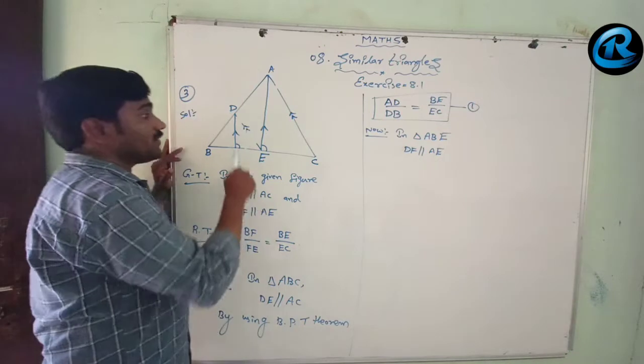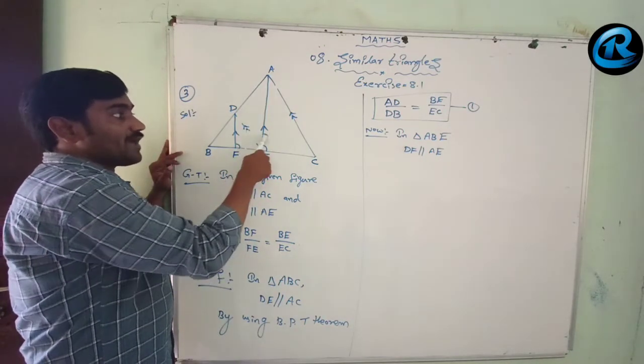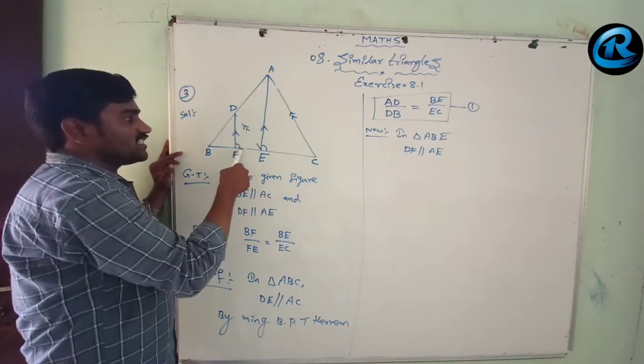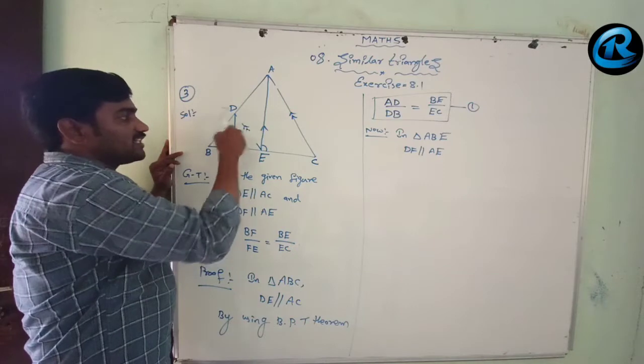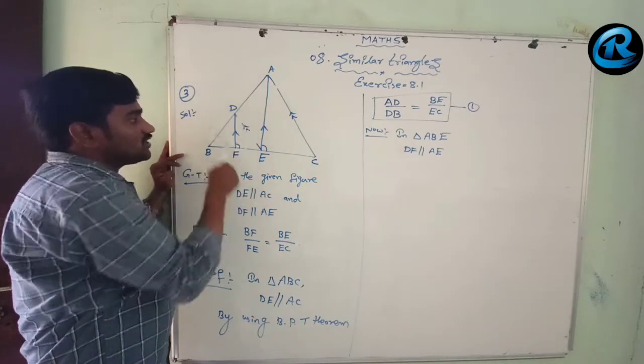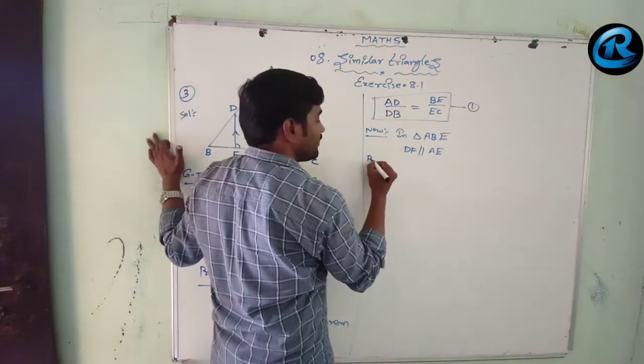Then by using the BPT theorem, in this triangle one line is drawn parallel to one side AE of the triangle. So this line is intersecting AB at D and BE at F, two distinct points. So these two sides AB and BE will be divided in the same ratio by the BPT theorem.